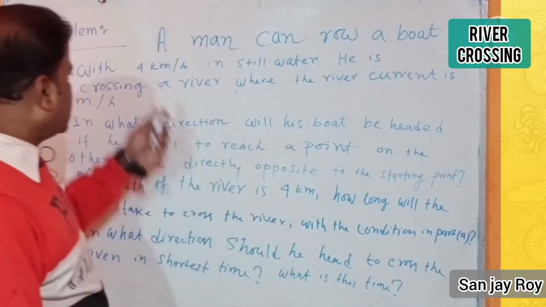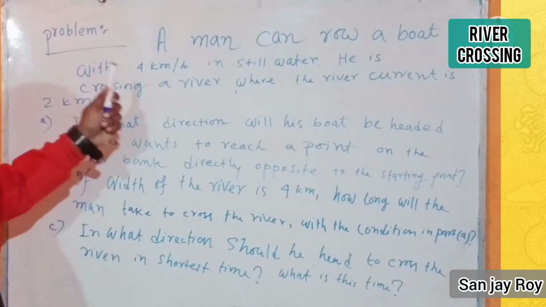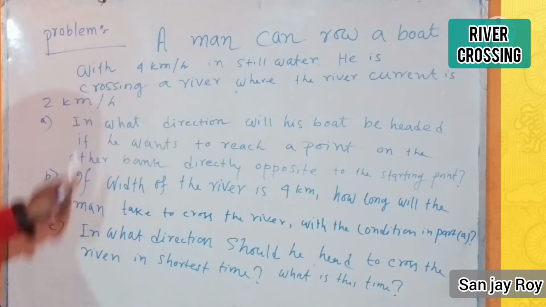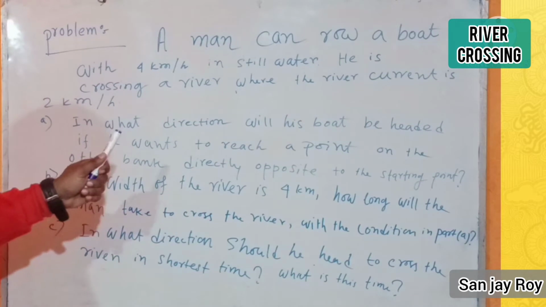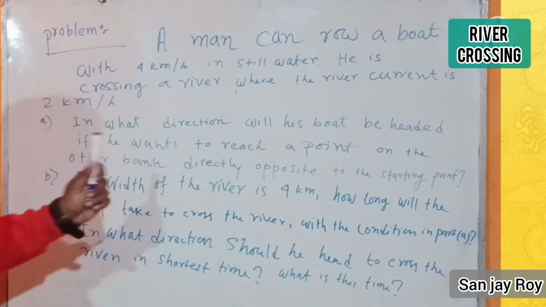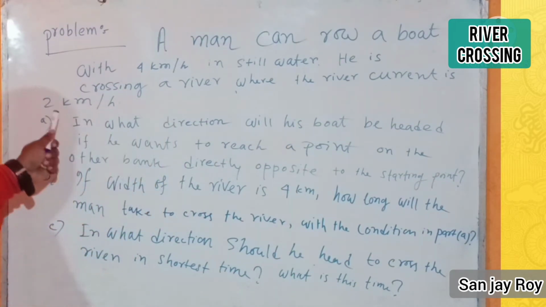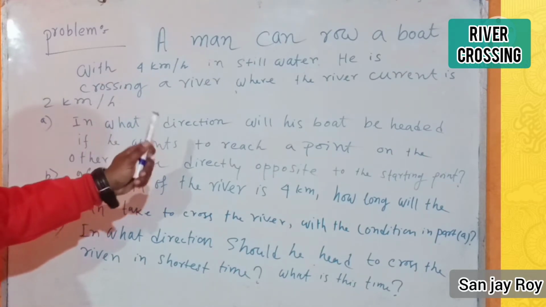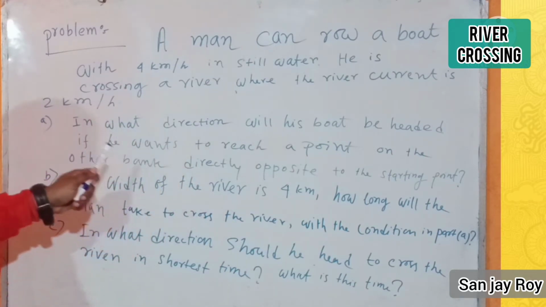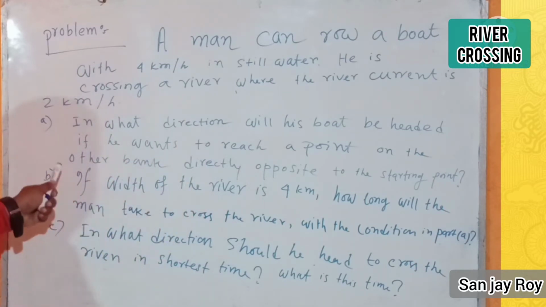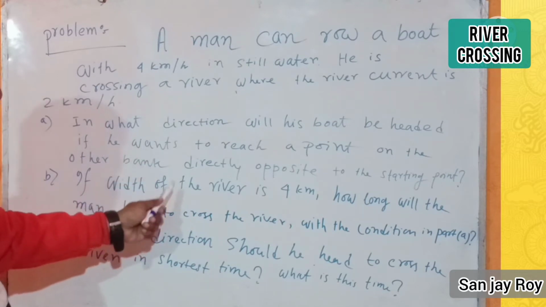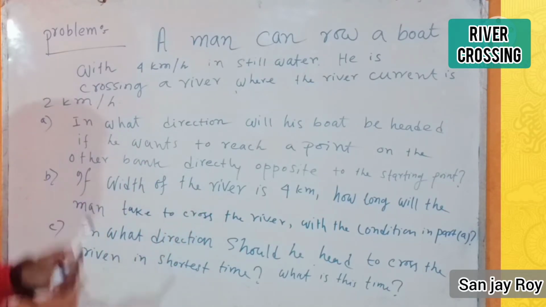See our first problem. A man can row a boat with 4 km per hour in still water. He is crossing a river where the river current is 2 km per hour. In what direction will his boat be headed if he wants to reach a point on the other bank directly opposite to the starting point?